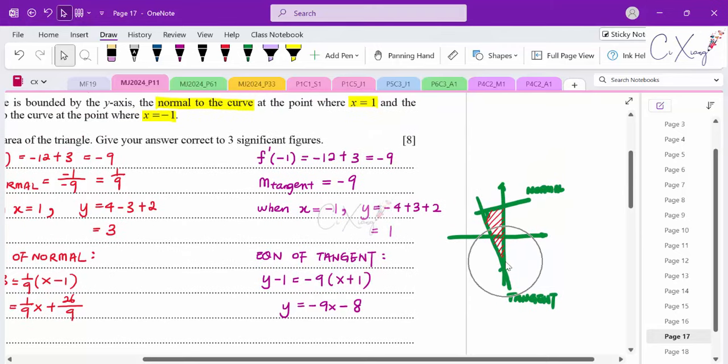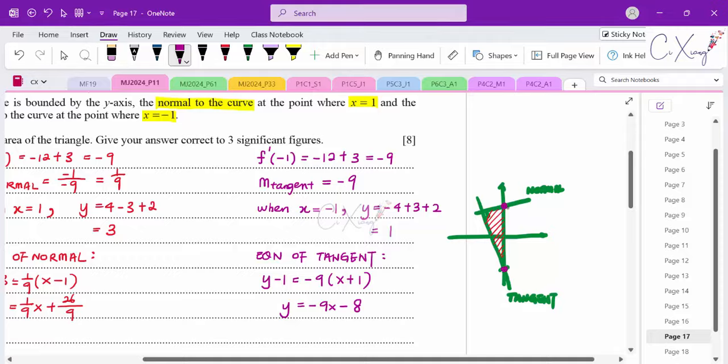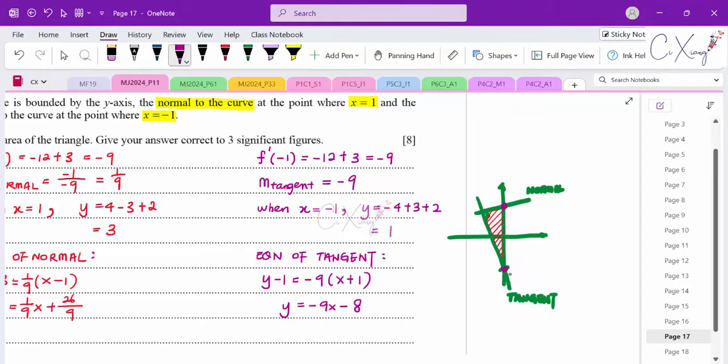I already know my triangle looks something like this. First, I need to know what this point is, and also what the point here is. I need to know the y-intercept for both lines. After that, I also want to know the coordinates of the intersection point of these two lines. Then only I know how to find the area of the triangle.